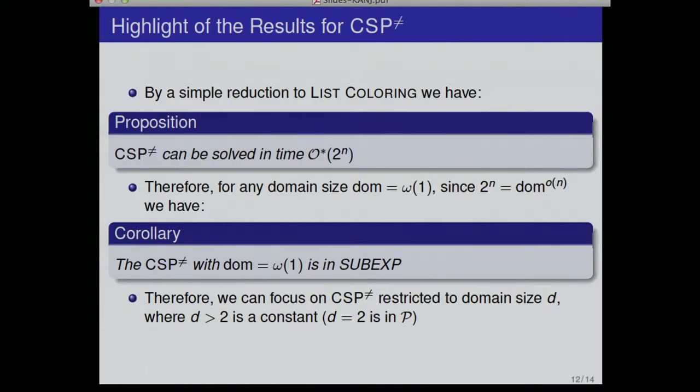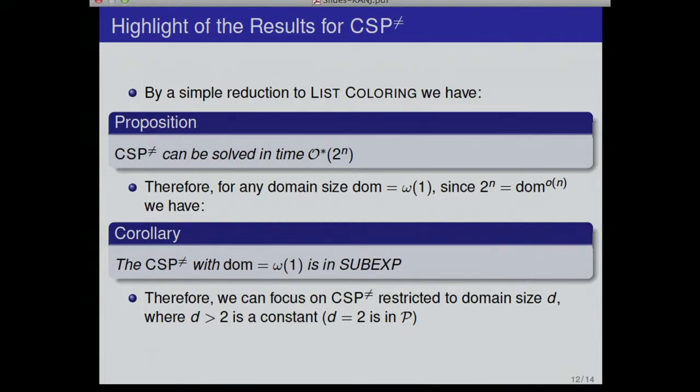Now we know that list coloring is solvable in time 2 to the n, so this tells you that CSP all different is solvable in time 2 to the n. A direct consequence is that if you look at any domain size that's little omega of 1, then CSP all different is solvable in sub-exponential time, because 2 to the n becomes domain to the little o of n if the domain is omega of 1.